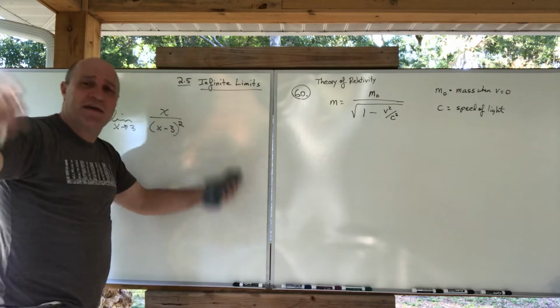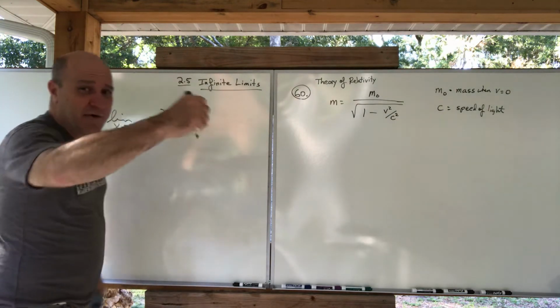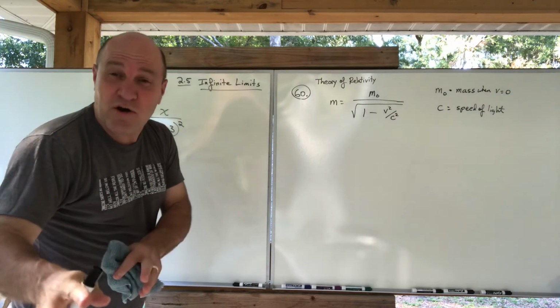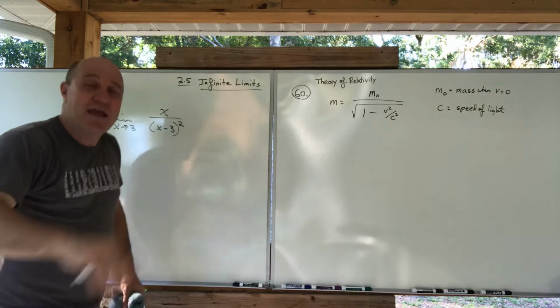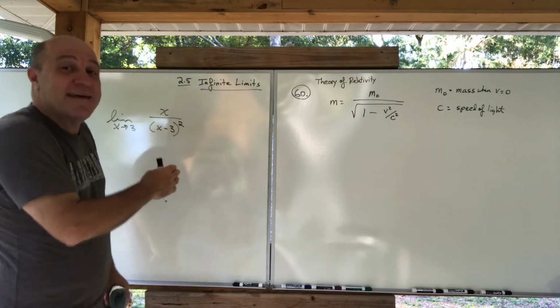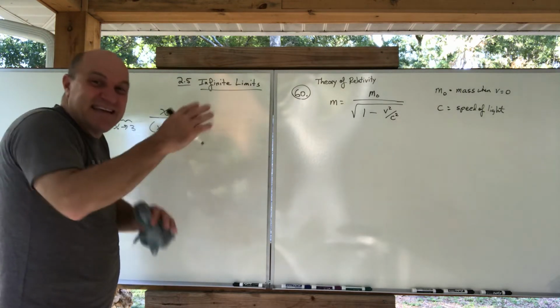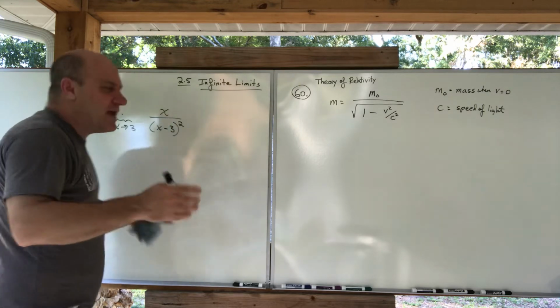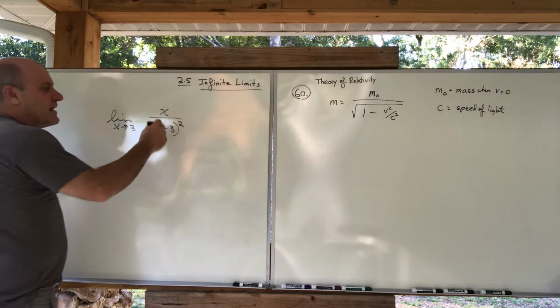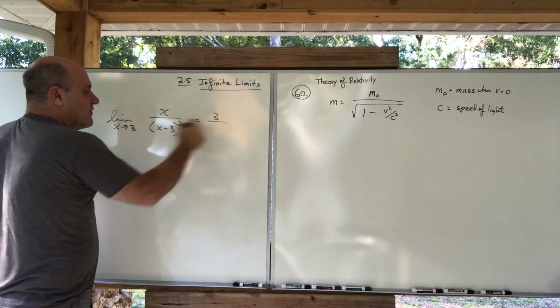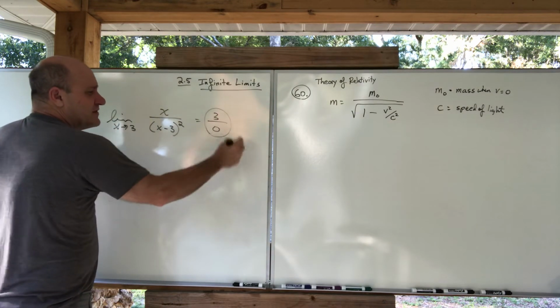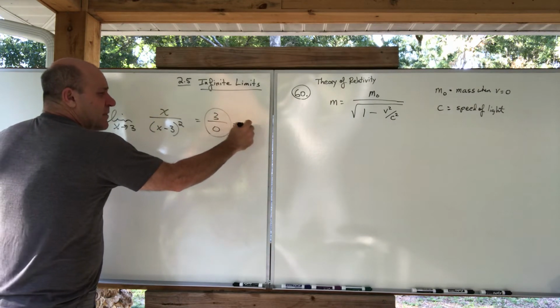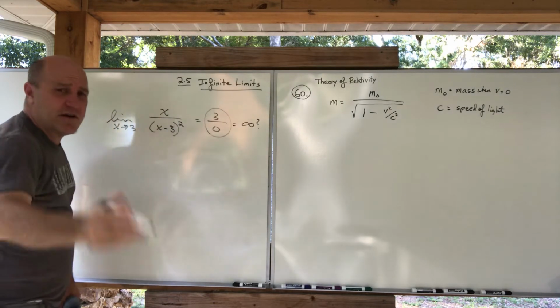If you get 4, the answer is 4. If you get 0 over 0, you need to work on it analytically. If you get a number over 0, it's infinity, and we have to decide positive or negative. Anyway, we plug in the 3, and we do get a 3 over 0. So I'm thinking this is infinity, but I don't know if it's positive or negative infinity.